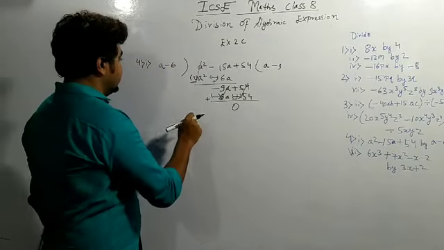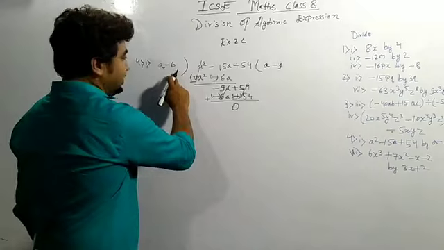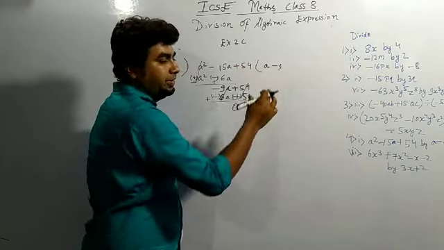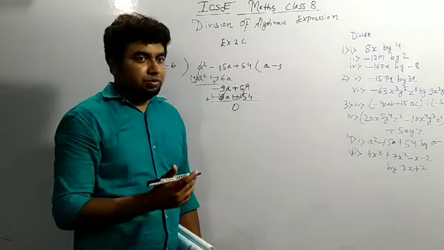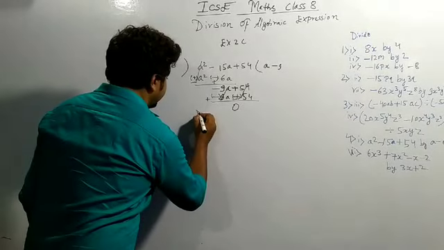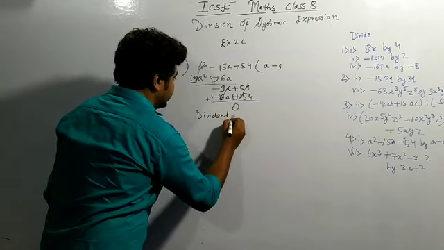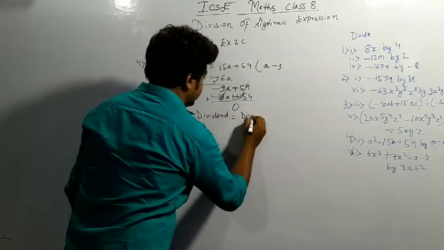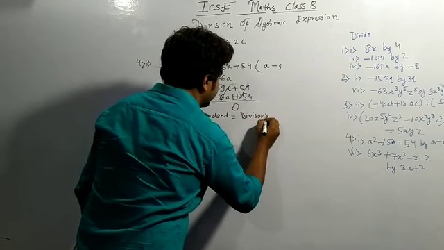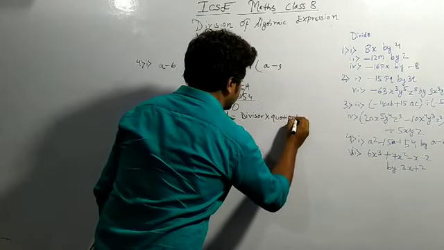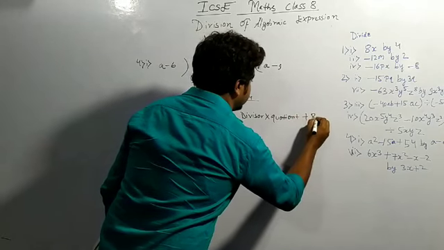As we know, checking means this is the divisor, this is the dividend, this is the quotient, and this is the remainder. So we know the formula: dividend is equal to divisor into quotient plus remainder.